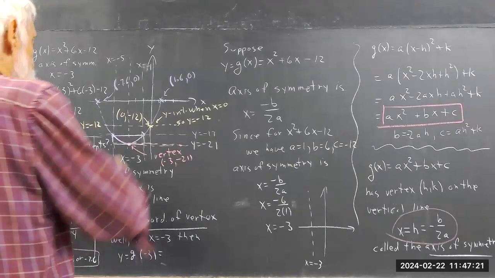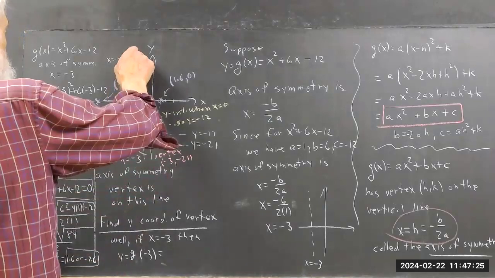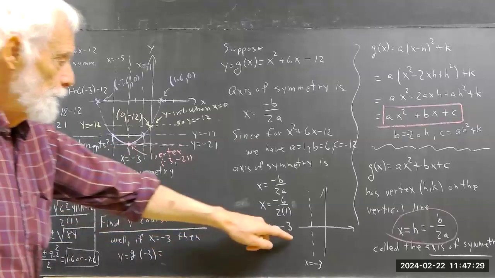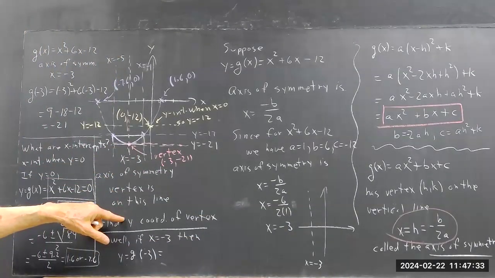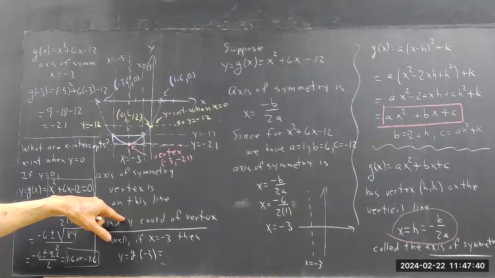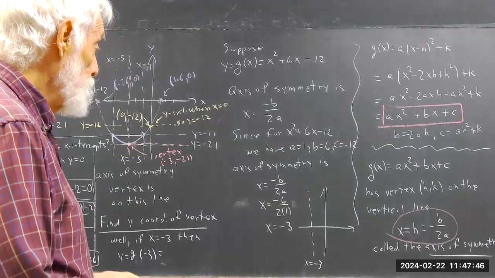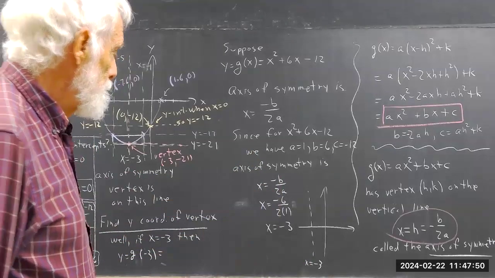Now, I'll make it red within the figure. With x equals negative 3, we said the vertex is on this line, because the vertex is at (h, k), which you will understand perfectly if you did everything or even half of what we did in the first 3 weeks. Vertex on the line x equals h, and h in this case is your negative 3.